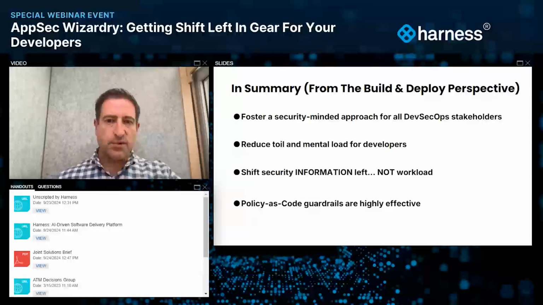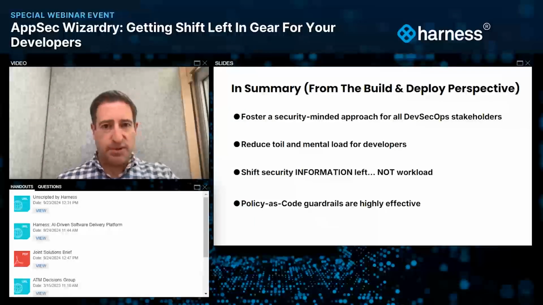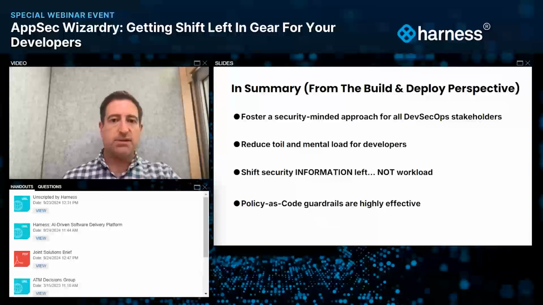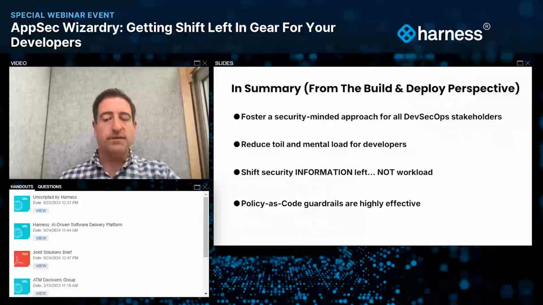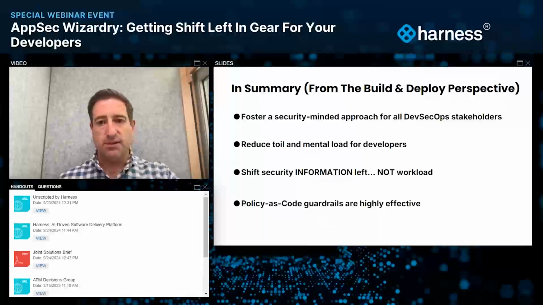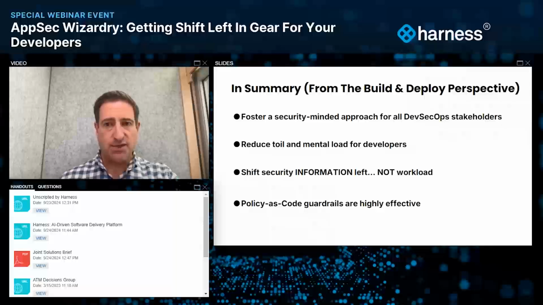So in summary, and again, this is from the build and deploy perspective, culture change is hard, but as much as you can, foster a security-minded approach for all of your DevSecOps stakeholders. So your software developers, DevOps teams, and application security engineers.